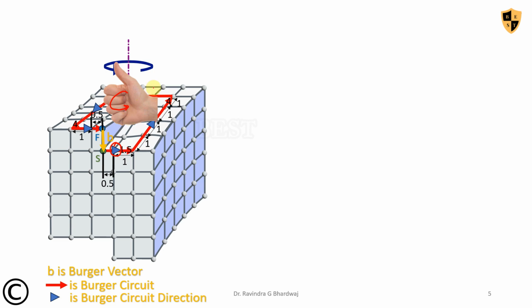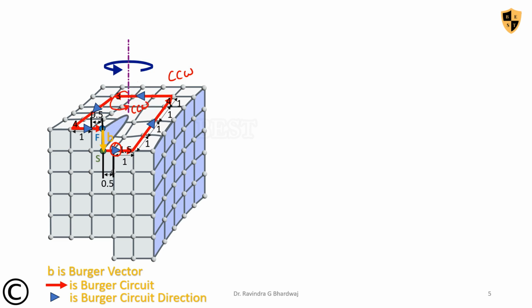So as it is moving anti-clockwise, counterclockwise, I have to curl the fingers in counterclockwise direction. After aligning that, we can see that the direction of the thumb is up, and this has to be the direction of the Burgers vector if it was a right hand screw dislocation, but we are not getting the Burgers vector in the up direction.